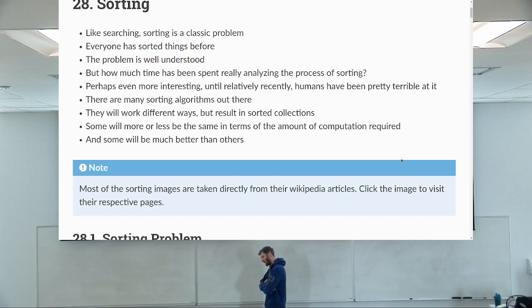That's really not the right way to say it. But until relatively recently, no one had defined a good sorting algorithm. Since the beginning of time, humans have been sorting things, and it's unlikely they followed any of the good algorithms. And when I say good algorithm, I mean in terms of computational complexity.